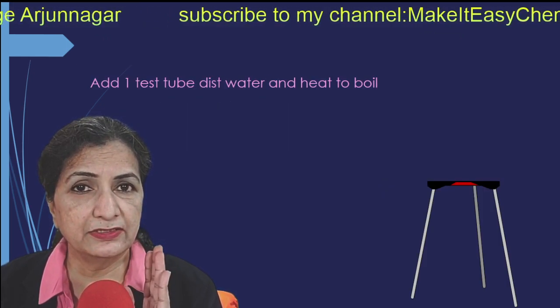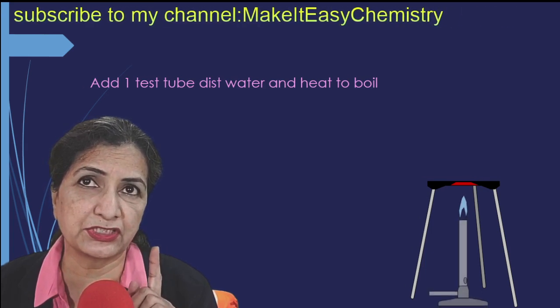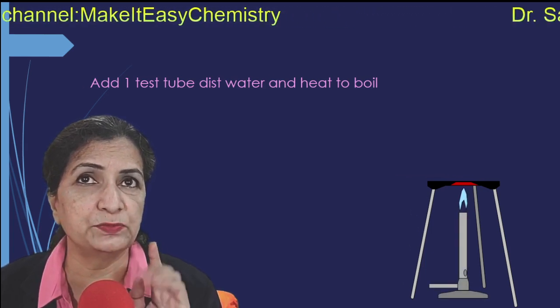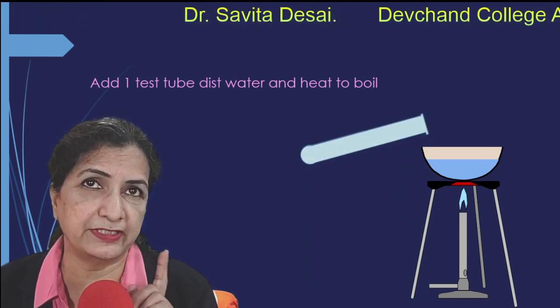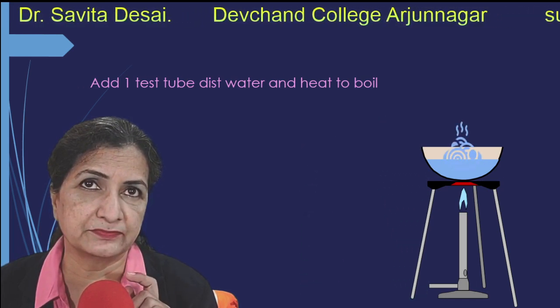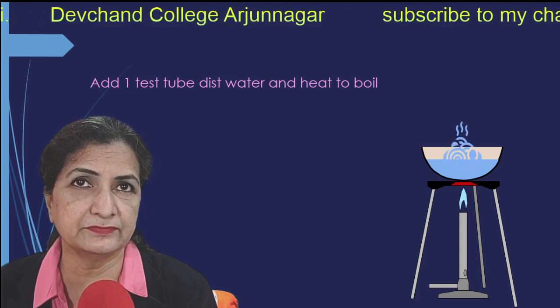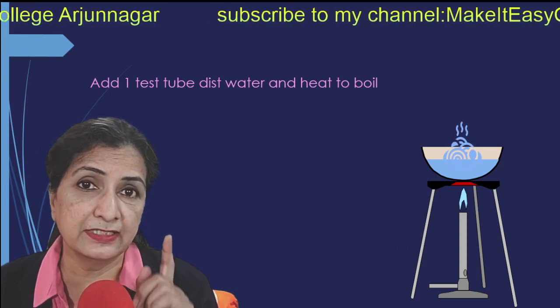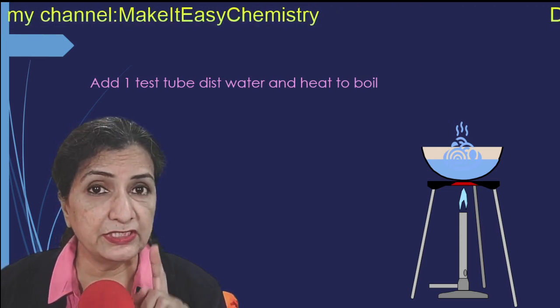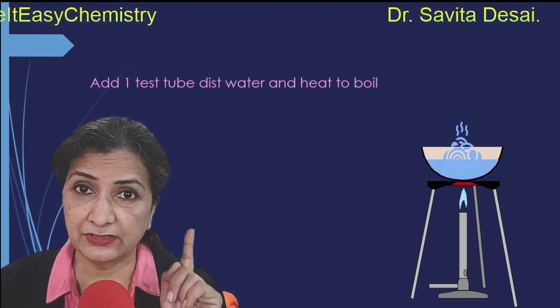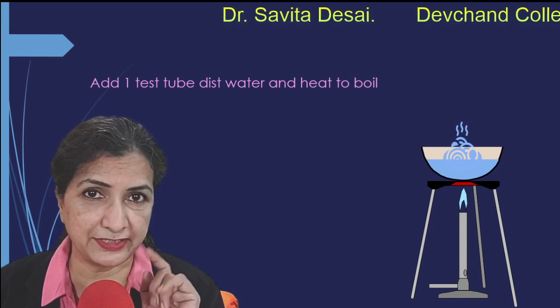Then to this solution, we are going to add 1 test tube of distilled water and heat it to boil. When the boiling starts, then we are going to perform the titration. We are not using a conical flask as we use in the usual titration.